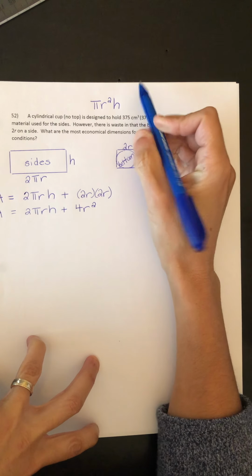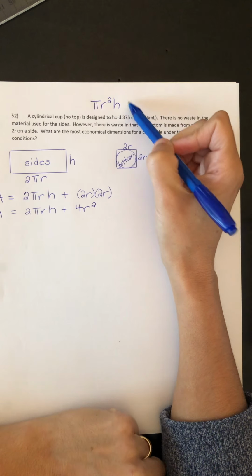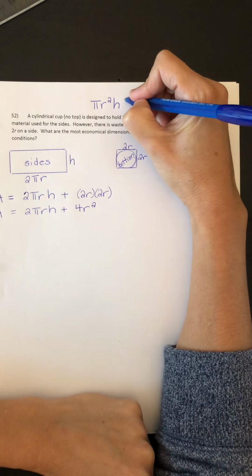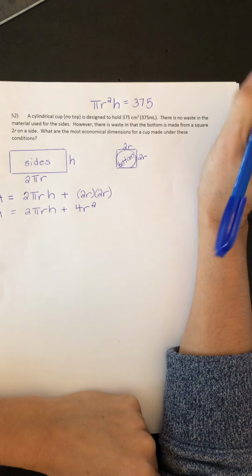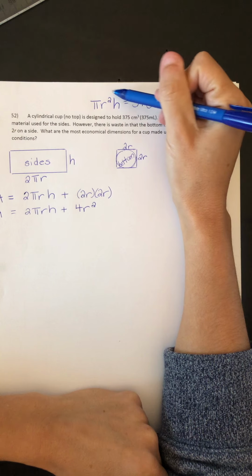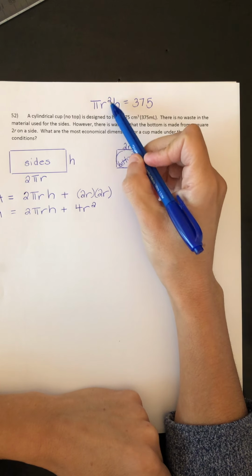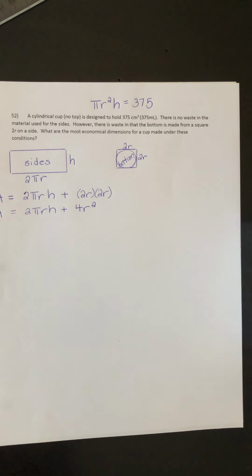So the volume of the cup is pi r squared h. You might have known this as the volume of a cylinder. Pi r squared h, therefore, is 375. And if you didn't know that, it's the area of the base, which is a circle, multiplied by the height. And don't forget, inside the front cover of your textbook are many helpful formulas as well.